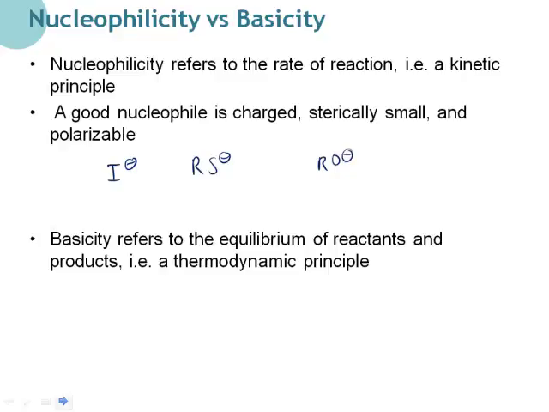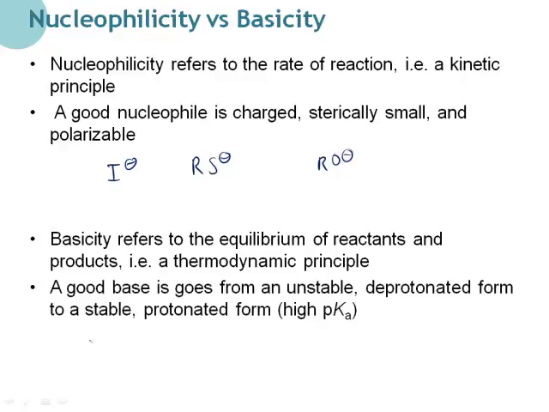So basicity is a thermodynamic principle. It just refers to essentially how much this species wants to have a proton on it. A common good base is an alkoxide, and just referring to some numbers in pKa, the typical pKa of a protonated alkoxide is somewhere in the range of 16 to 19.